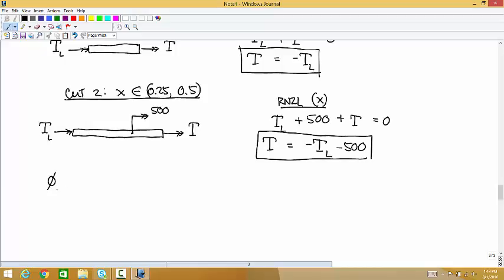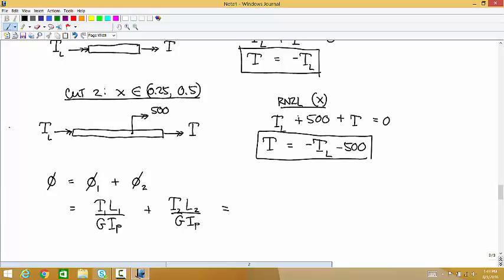The total angle of twist is equal to the angle of twist on piece 1 plus the angle of twist on piece 2. So that's equal to the internal torque on piece 1 times the length of piece 1 over GIP, plus the internal torque on piece 2 times the length of piece 2 over GIP.